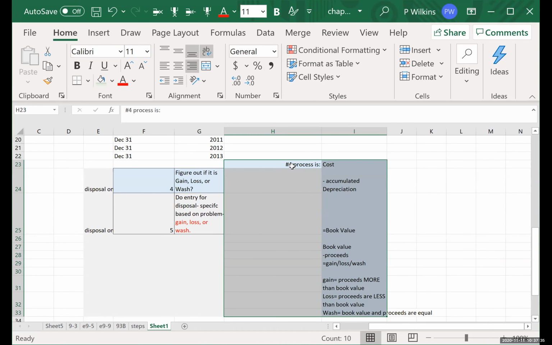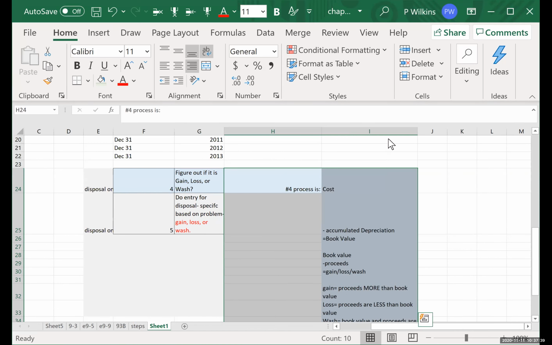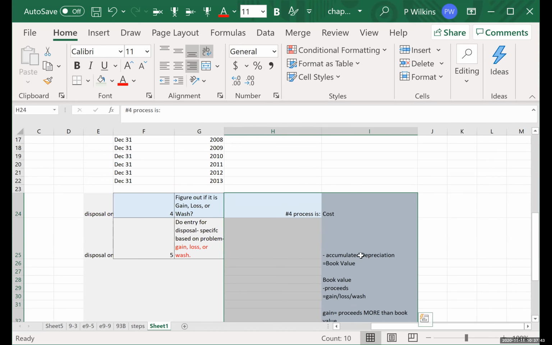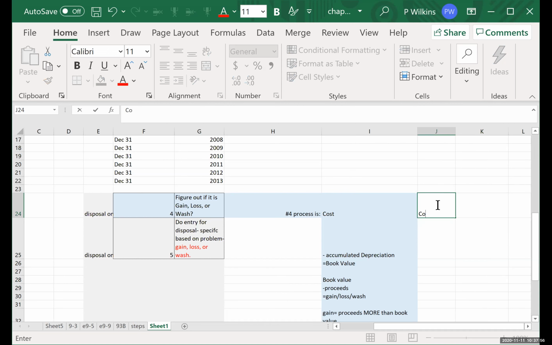So the process to figure that out. Sorry, I'm trying to resize that. Okay. So the process to figure that out, you have to start with the cost, right? So I think I'm going to do it right here. Okay. So we have the cost.